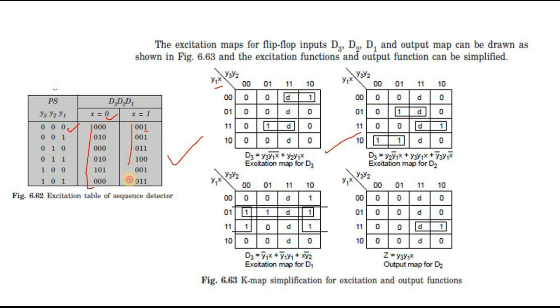Wherever you are having ones, for that you are doing this business. Okay, you have to look at the ones. So here D3 is there. In that condition x is 1 and y3 is 1 and y2 and y1 are zeros. So this is the corresponding digit.